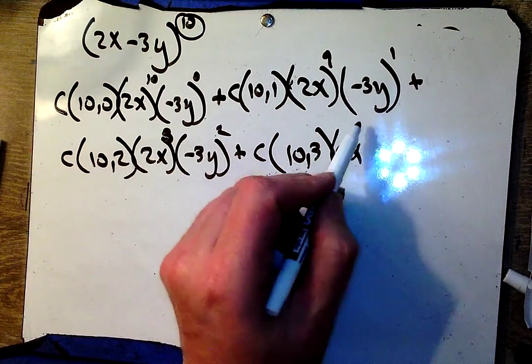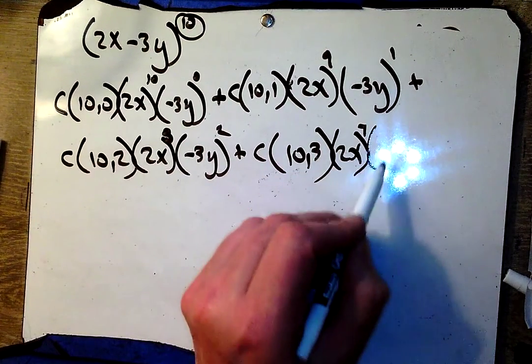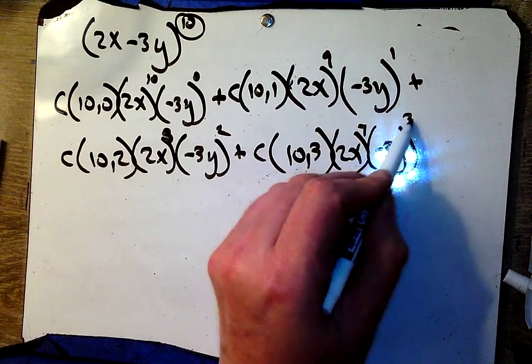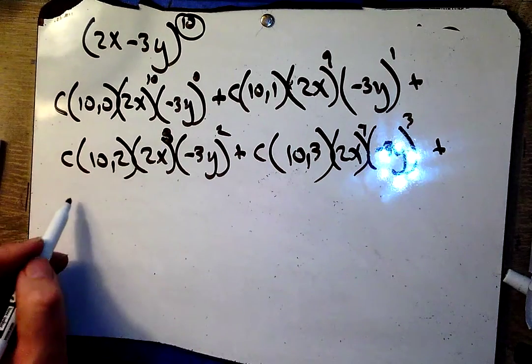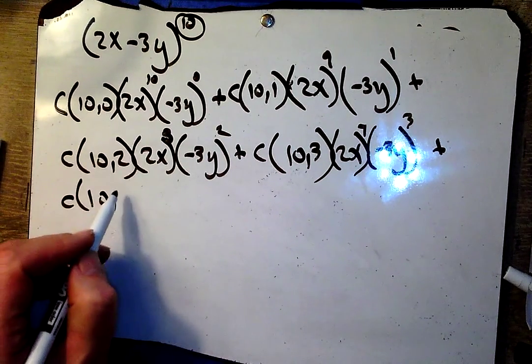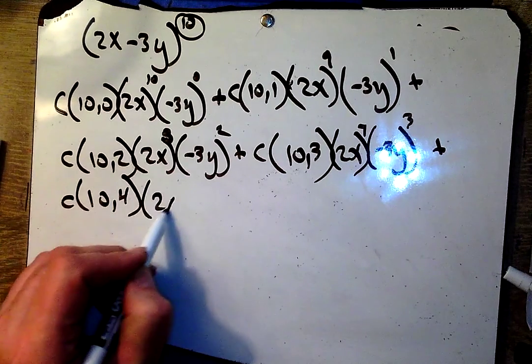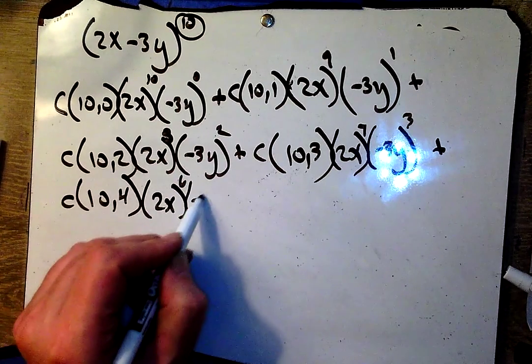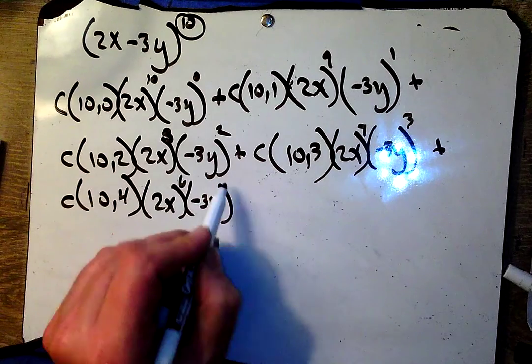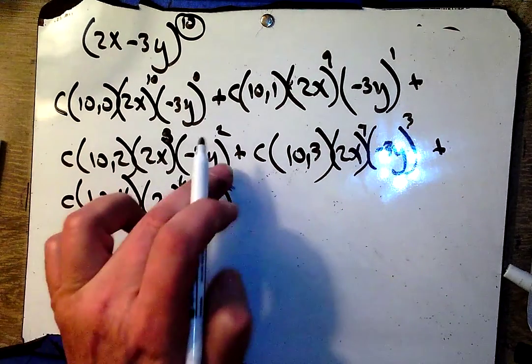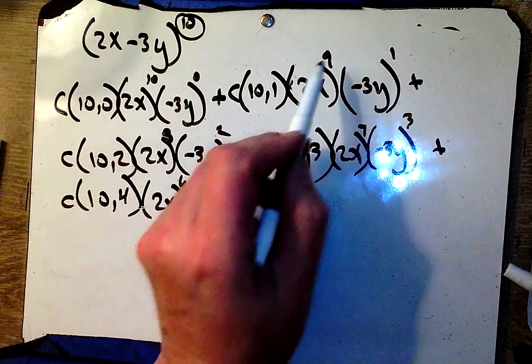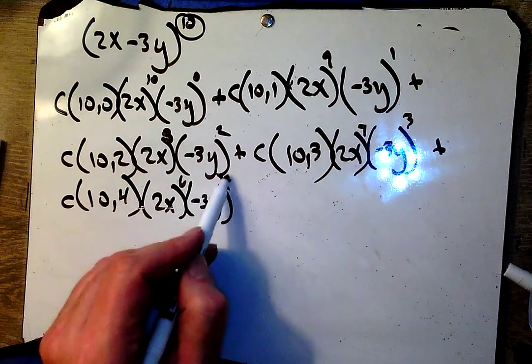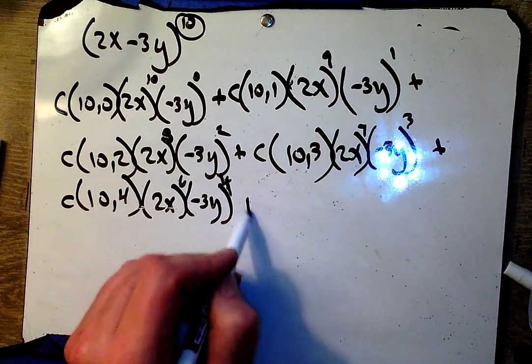times 2x to the 7th times minus 3y to the third, plus a combination of 10 choose 4, 2x to the 6th minus 3y to the fourth. Sorry, these add up to 10, these add up to 10, these add up to 10, so this has to add up to 10. That means that's 4.